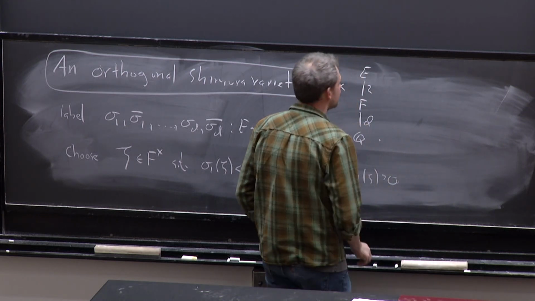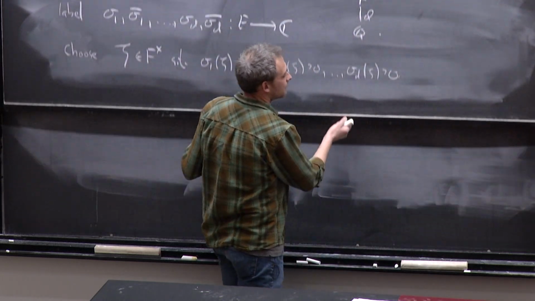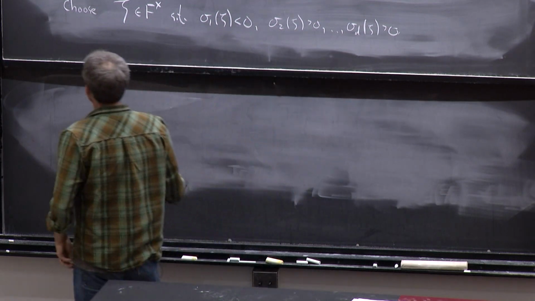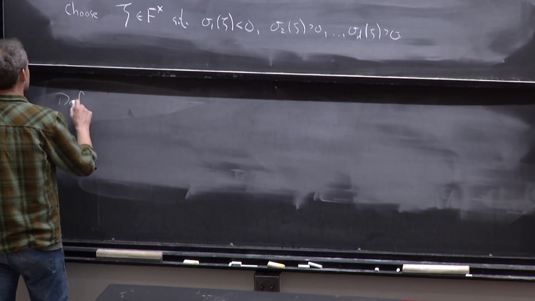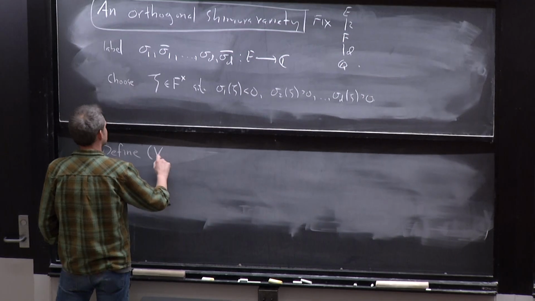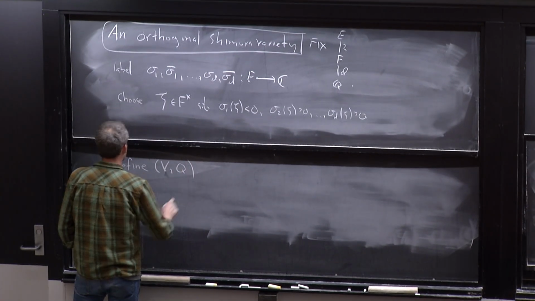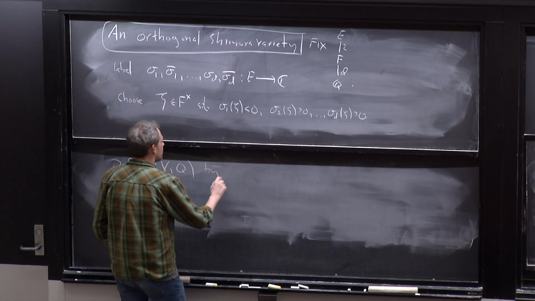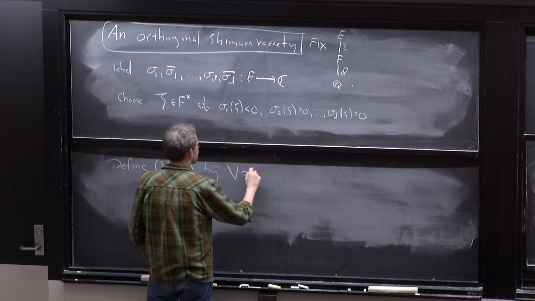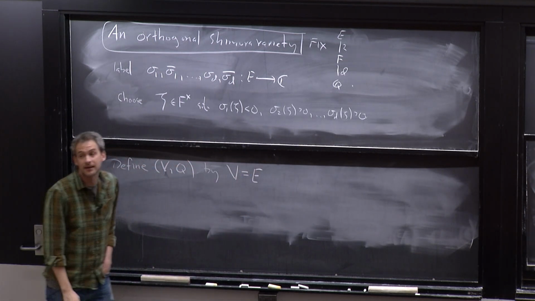And from that choice, I can construct a quadratic space. So it's going to be some Q vector space with a quadratic form. The underlying Q vector space is just the field E itself.